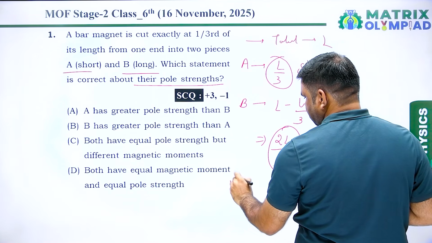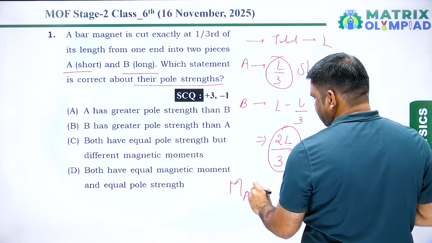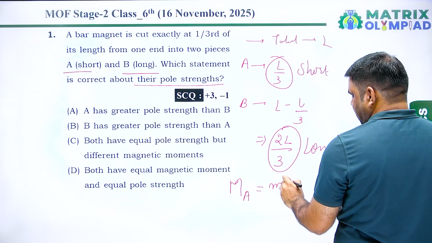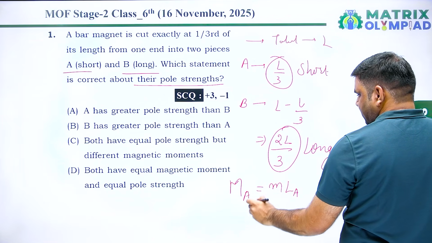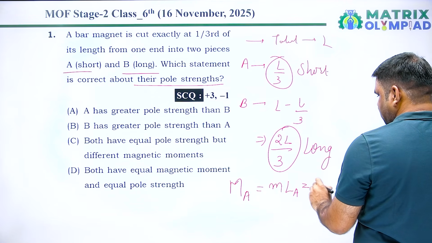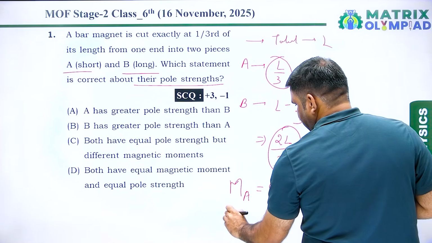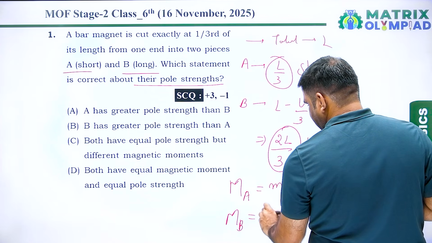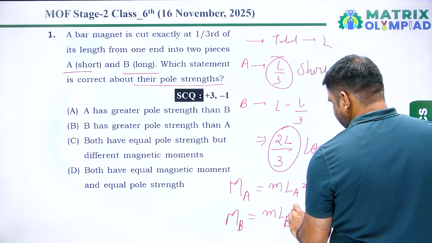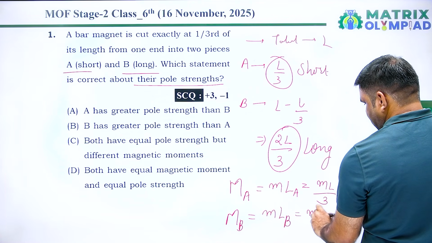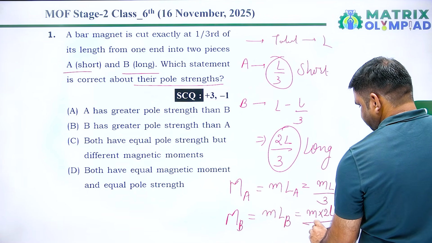And we know that the formula of magnetic moment is M into L. So part A has M into L by 3, and the magnetic moment for part B is M into the length of B. So B has length 2L by 3, so M into 2L by 3.